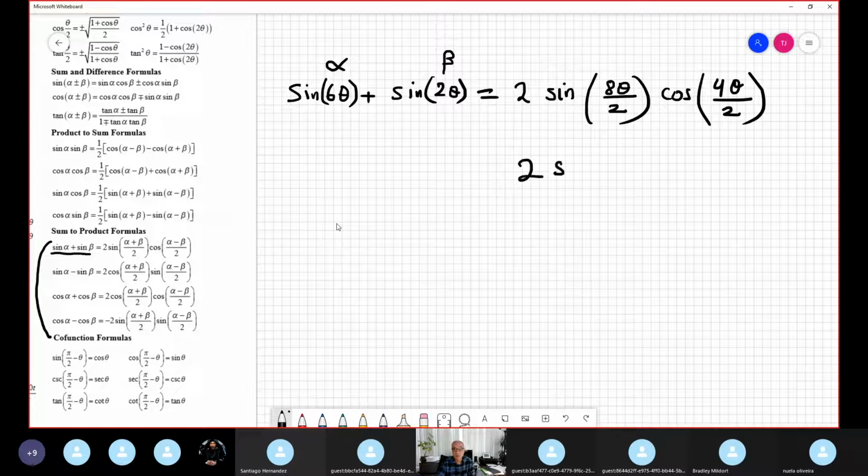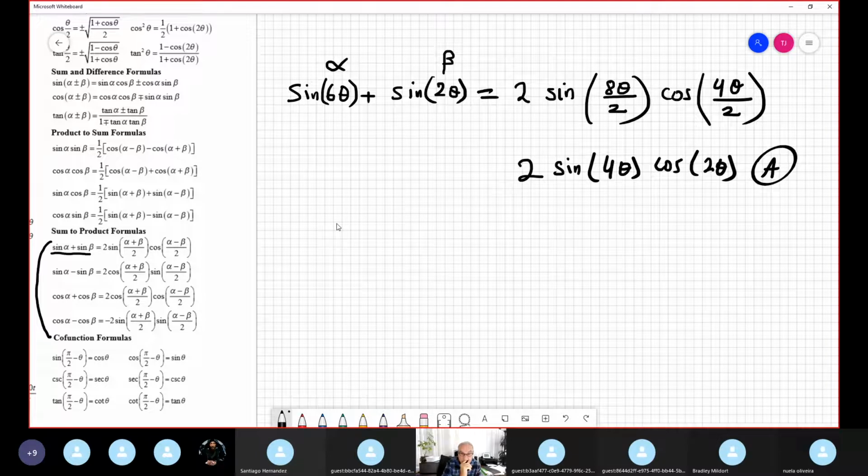So in conclusion, we have sine 4 theta cosine 2 theta. End of story. Any question? That represents option B in our review package.